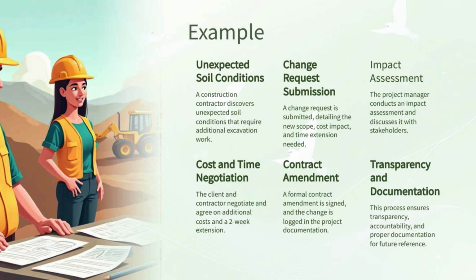This document clearly outlines the new terms, refers to the original contract, and specifies the exact changes made. Both parties sign the amendment and it is officially added to the project's documentation system. The change is also recorded in the variation log for future reference.